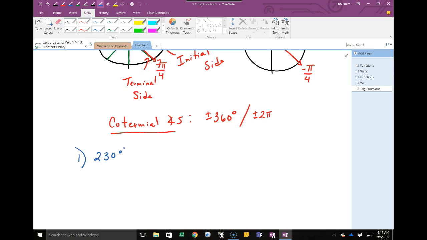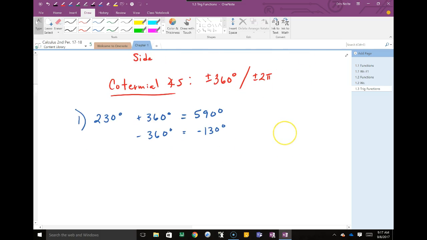What do I do? You add 360. Good, there you go. So if I was asked for a positive one, I would add. What if I was asked for a negative coterminal angle? I would subtract. So what's 230 minus 360? Negative 130. Nice.